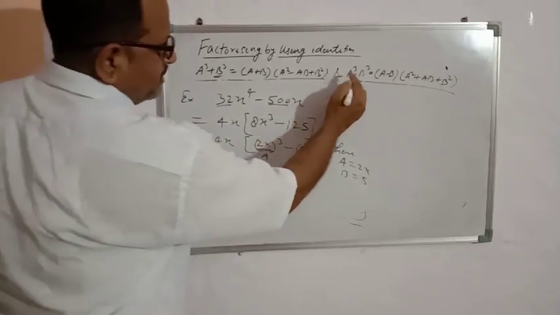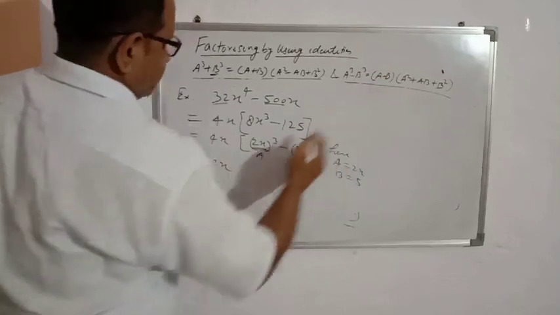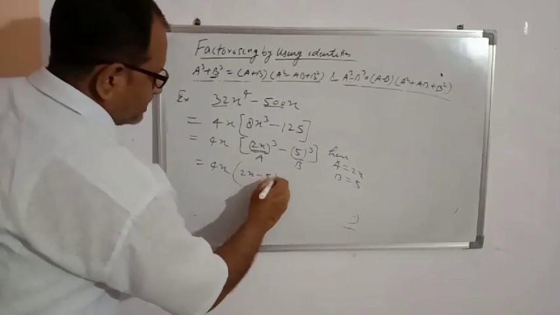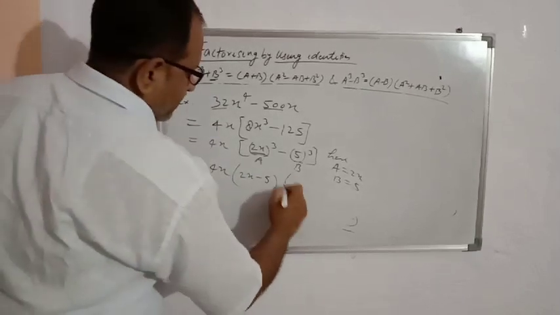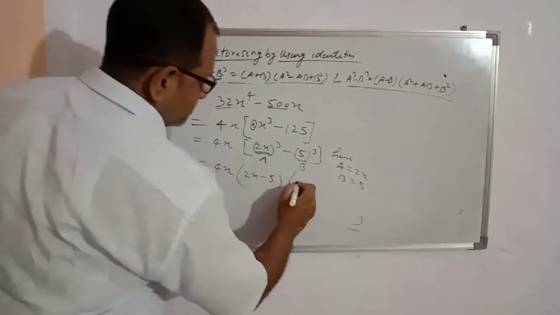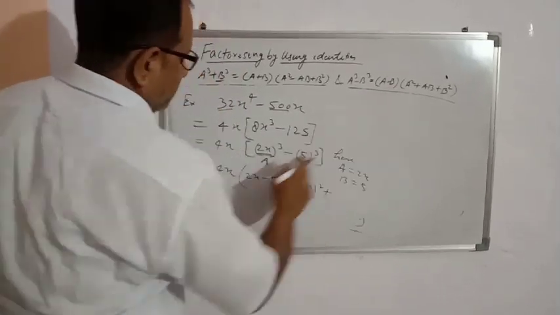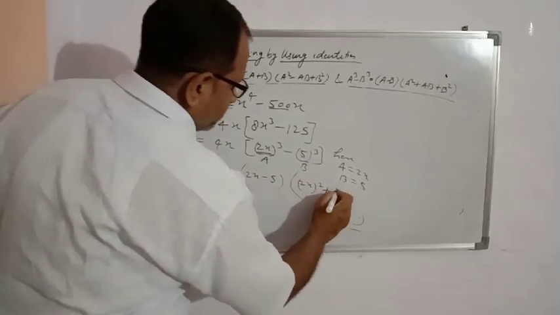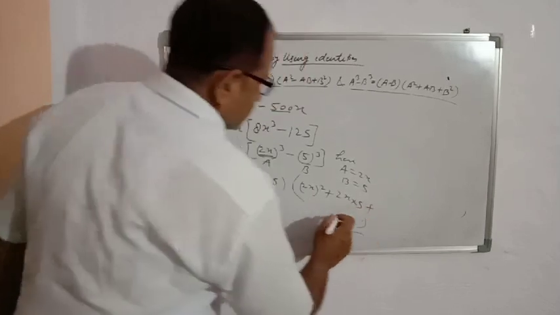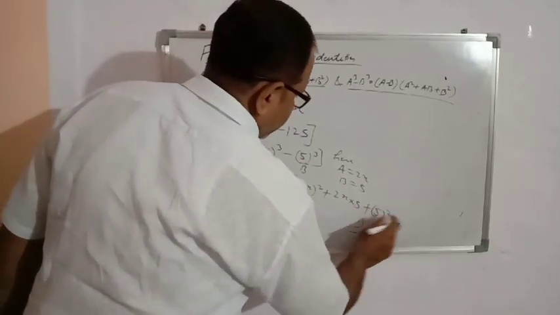So what is the factor of a cube minus b cube? A minus b in one bracket. So write a minus b means 2x minus 5. In the next bracket we have to write a square, which means 2x whole square, plus ab, a is 2x, b is 5, so 2x into 5, plus b square, b is 5, so we can write 5 square.